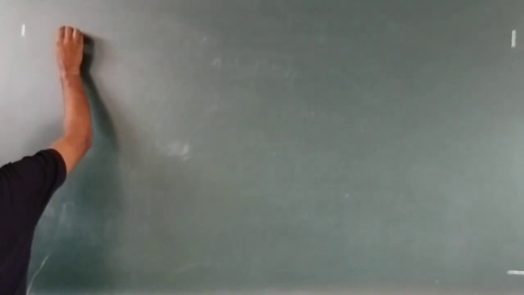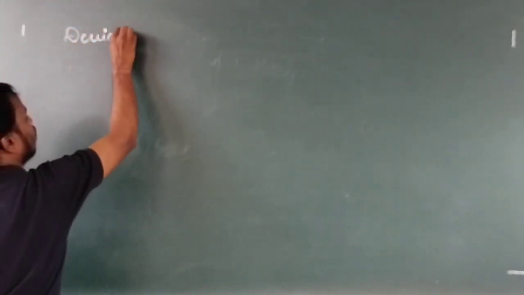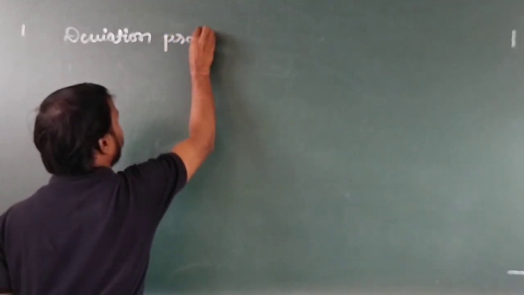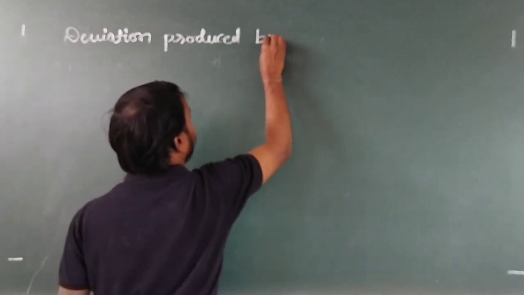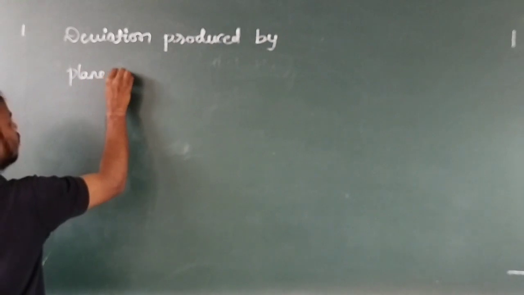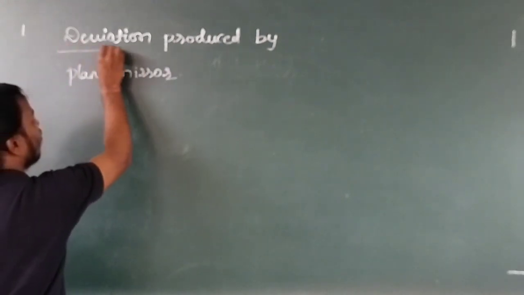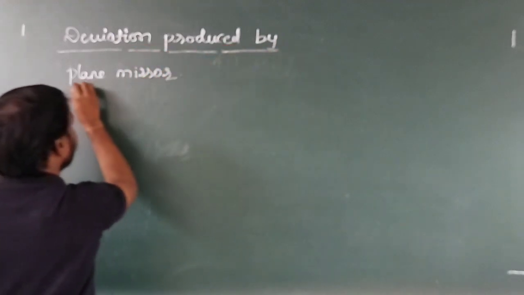So what do you mean by deviation here? It is the angle between the extended incident ray and the reflected ray.